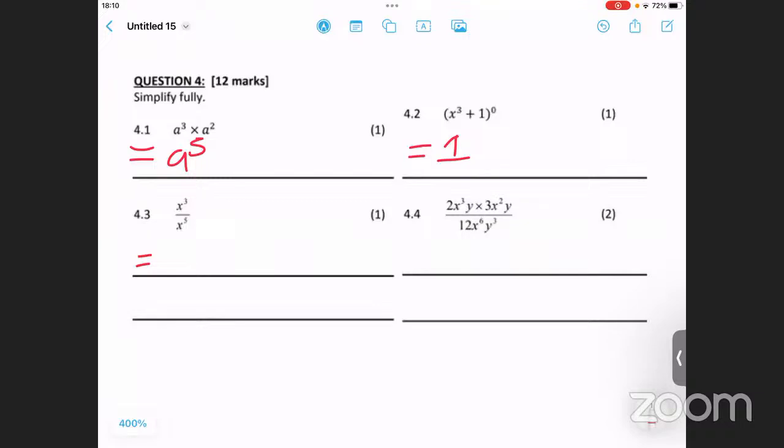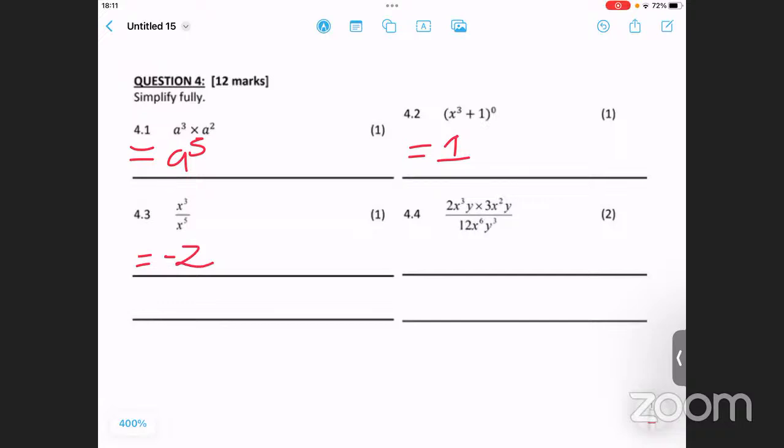Perfect. And we have x to the power of 3 divided by x to the 5. What are we going to have, Likumo? What's going to be our answer? Ma'am, it's going to be x to the power of negative 2.